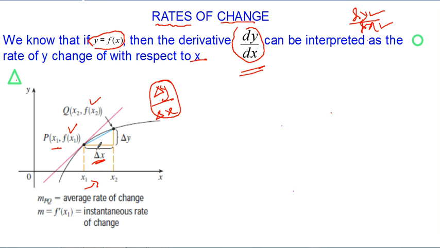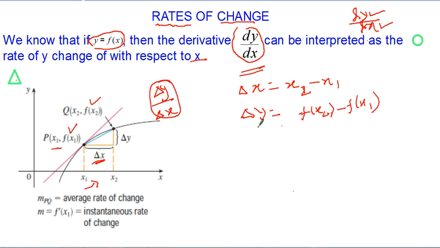Since the variation is from x1 to x2, we can represent del x as x2 minus x1, and del y will be represented by f(x2) minus f(x1), the value at x2 minus the value at x1.